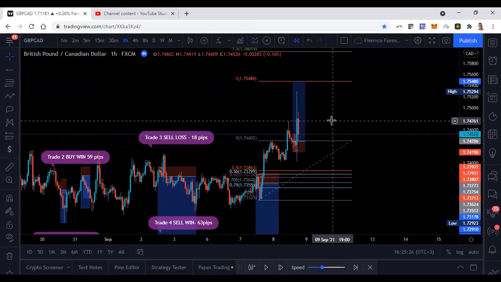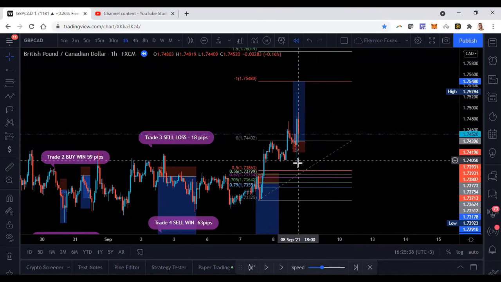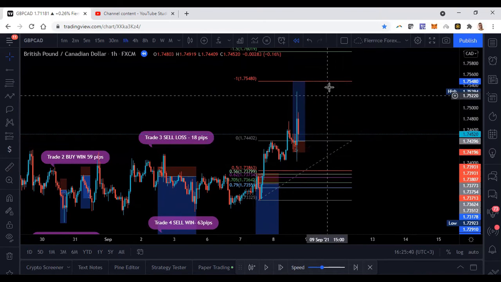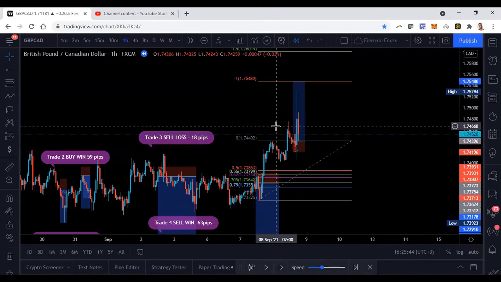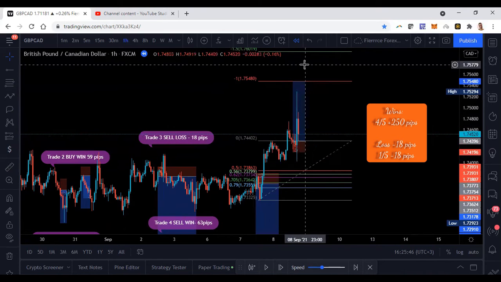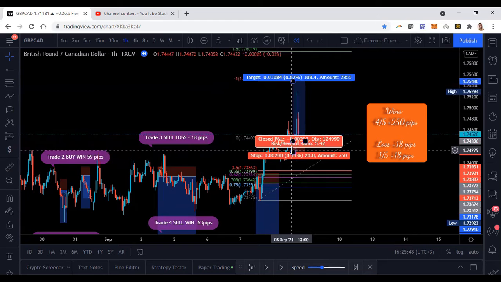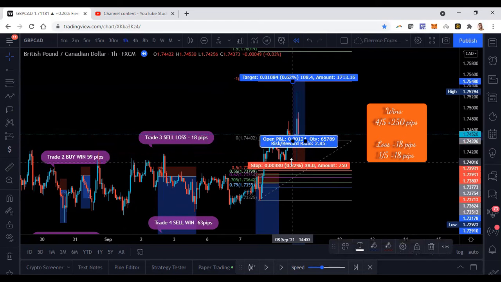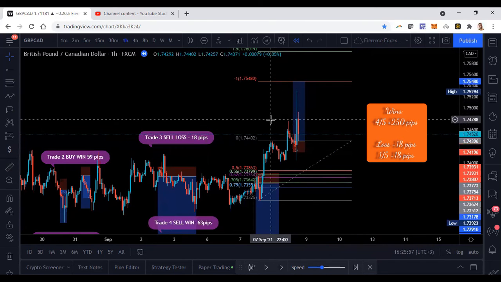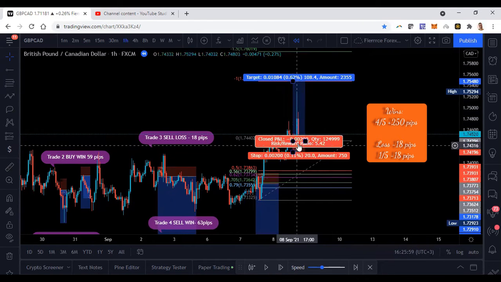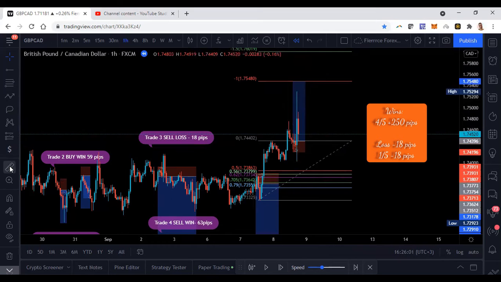You bag 30 pips, and then what happens? It stops you out and then pushes you up. Now it stopped us out at 20 pips, in case you did not take your 30 pips and you're just waiting for target. Some people would say maybe I put my stop too near, but I don't like that. So I just put it at 20 pips, right? So we got 30 pips and then it pulled back and then it pushed up.